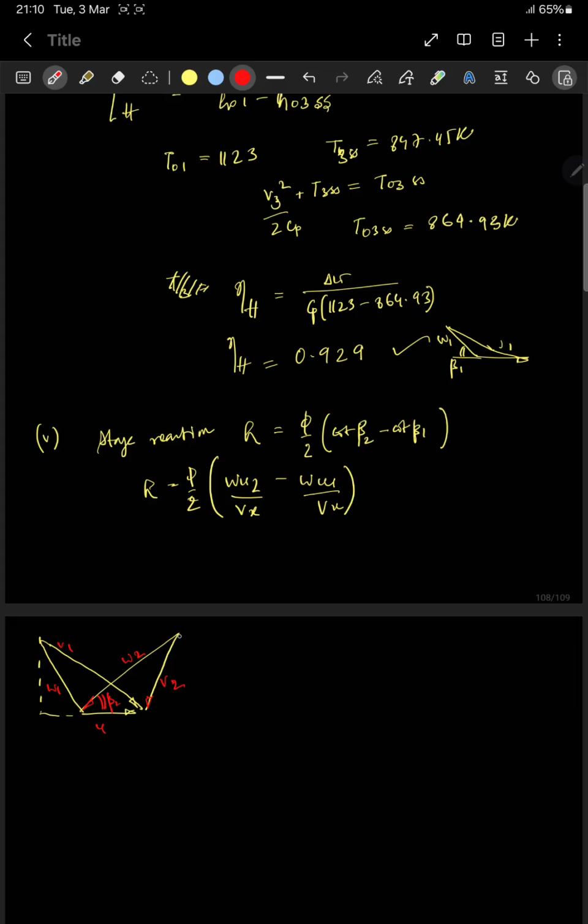So this is WU2, right? This is U plus VU2 minus WU1, this is WU1, this is VU1 minus U. VU1 minus U is WU1 by Vx.